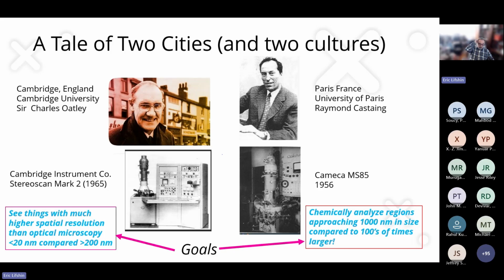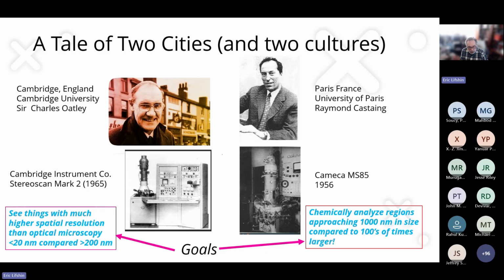And he and his students, some of whom you probably know the names, Dennis McMullan, built the first SEM. He was followed by other people, including Oliver Wells and Tom Everhart. So all of you with SEMs are familiar with the Everhart-Thornley detector.